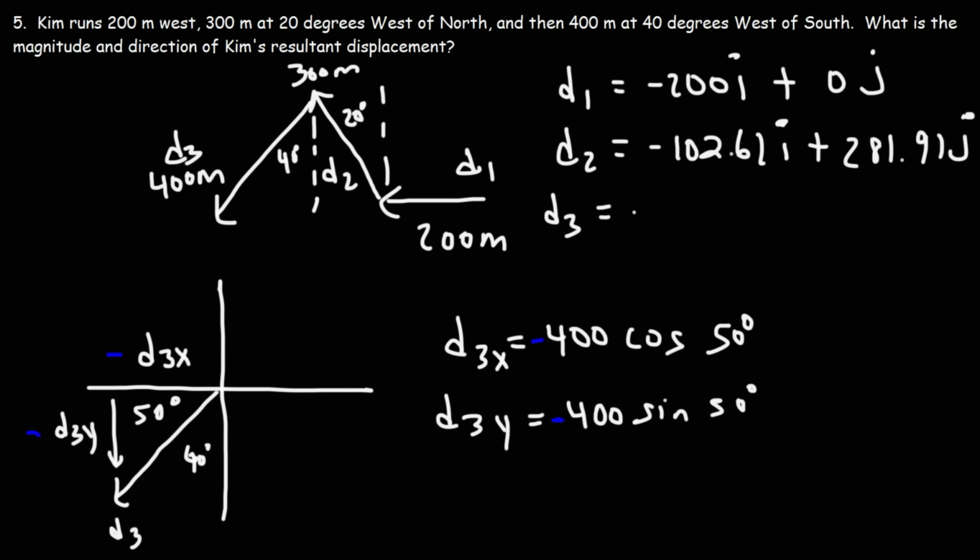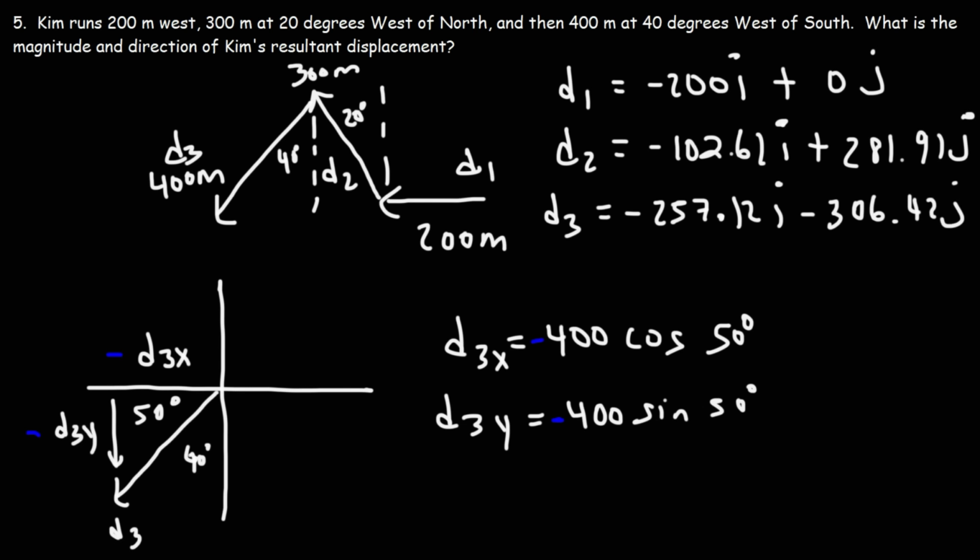But we need to introduce the negative sign. So negative 257, actually 0.12 if we round it. Now 400 sine 50, this is going to be negative 306.42, and then j.